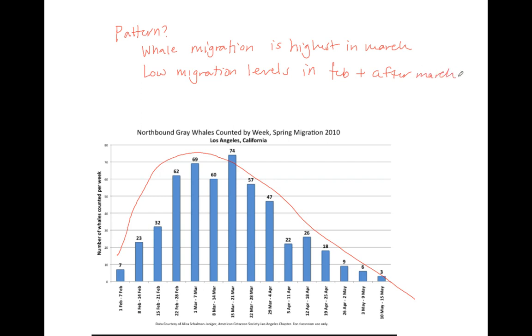Okay? There's lots of different patterns too that you could establish. You could talk about how it's increasing as the month of February goes into March, and then how it decreases once you're past this particular week right here. Okay? So there's lots of patterns you can talk about.